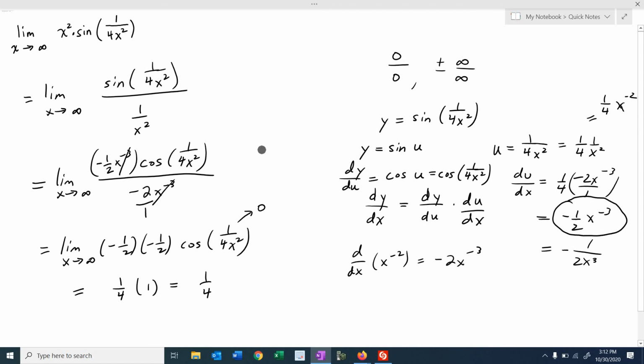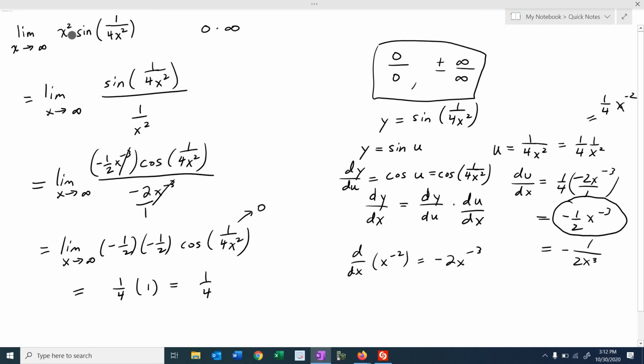Okay, so you can see how powerful L'Hopital's rule is. It's so powerful that even in cases where we don't have one of these two forms, we can manipulate it so that it has division, right? That's the issue here. This does not have division, this has multiplication.